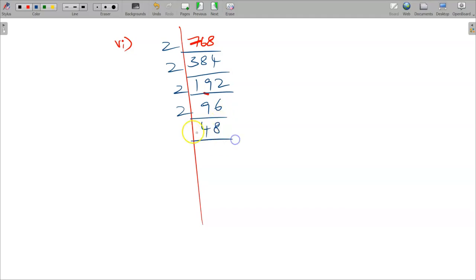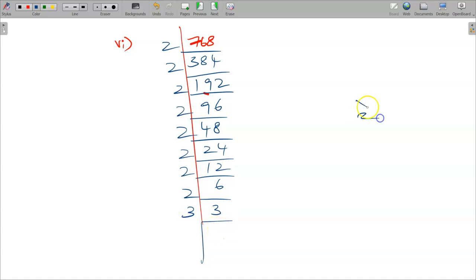8 2s are 16, again it is an even number, so divide by 2. 2 2s are 4, 4 2s are 8, again it is an even number, so divide by 2. 2 1s are 2, 2 2s are 4, again it is an even number, divide by 2, so it will become 6 2s are 12, again an even number, divide by 2, so 3 2s are 6. Now it is an odd number, so divide by 3, because 2 is not possible, so 3 1s are 3.